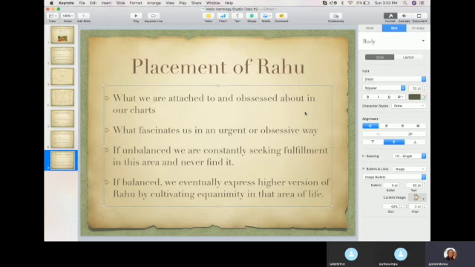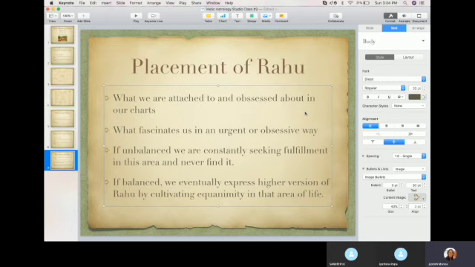And we are obsessed most of the time in an imbalanced way, especially in the first half of life. In the second half of life, we have learned to work with Rahu.